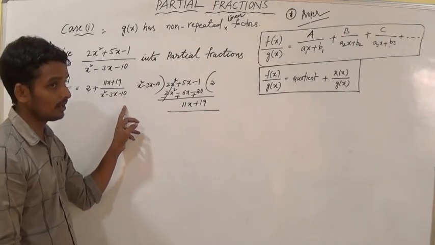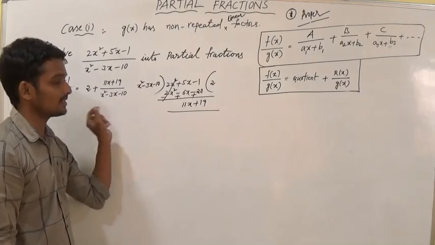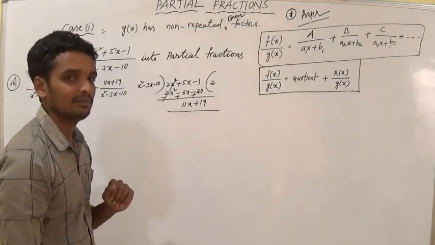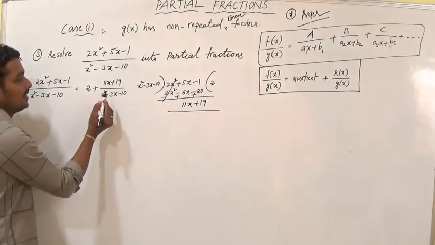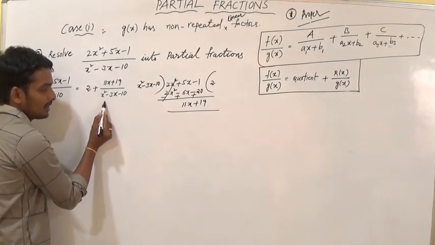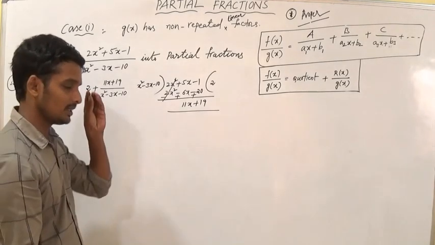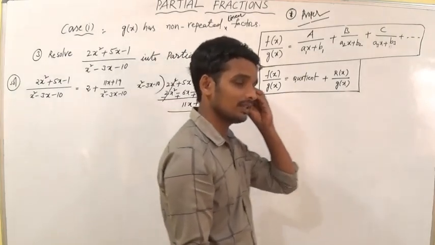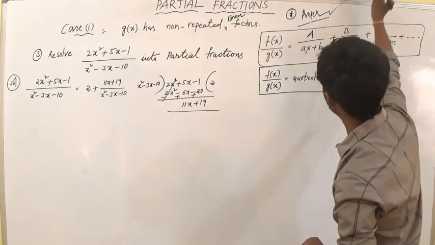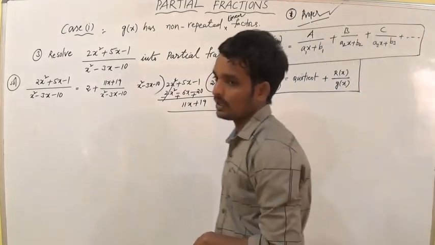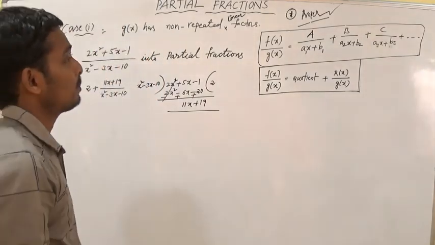If you observe, we have to observe one thing, that is r of x by g of x is a proper fraction. The degree of the numerator is 1, the degree of the denominator is 2. So we already know, keep this point in your mind strongly, that we can write the partial fractions only for proper fractions.